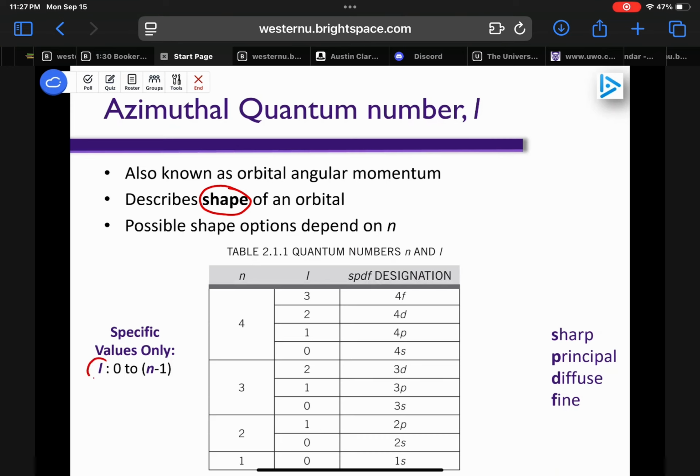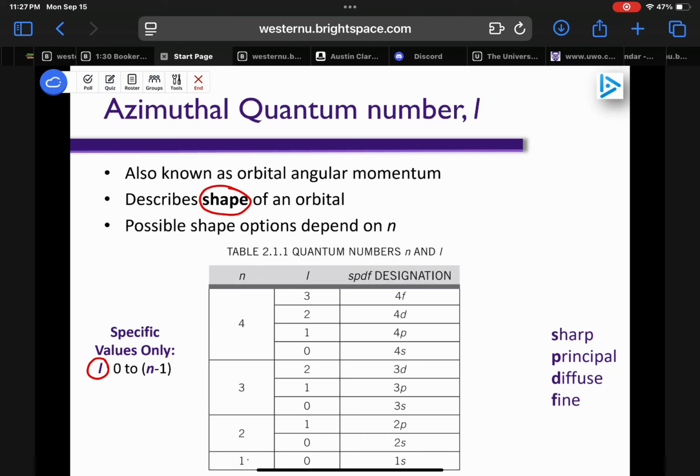L also has its own set of rules for permitted quantum numbers. L has a few options, and it depends on what n is. L is allowed to go from 0 all the way up by integers to n minus 1.